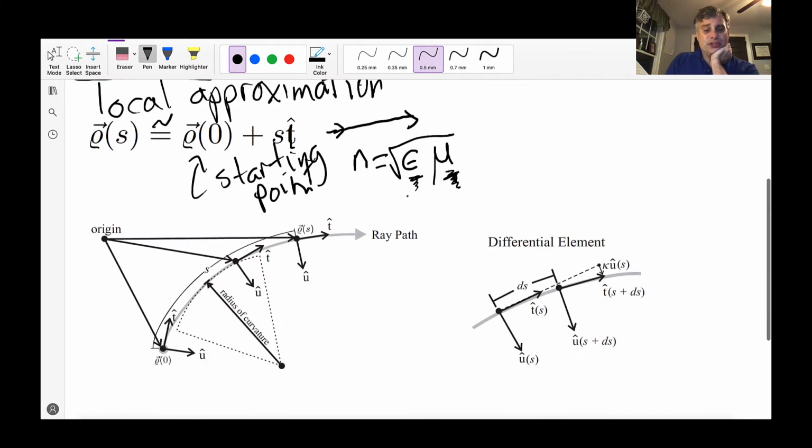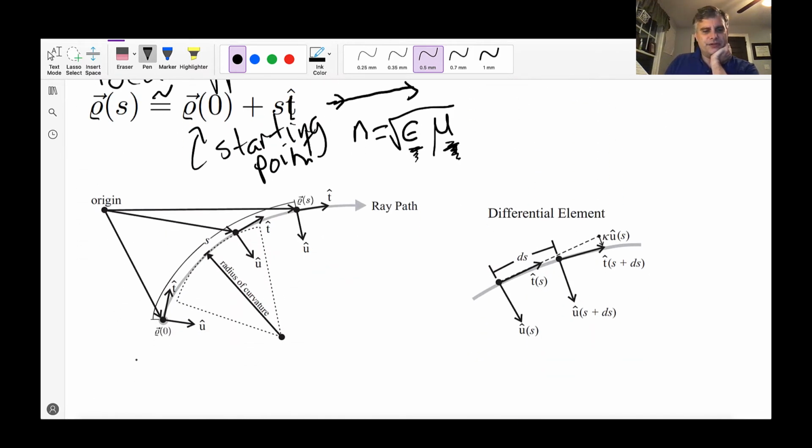And it's important to note that the way that we've defined this, the length of that unit vector does not change, because this is path length s along here. There's no forward acceleration. There's only curvature when you change.